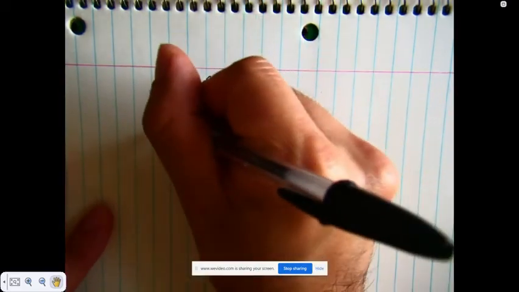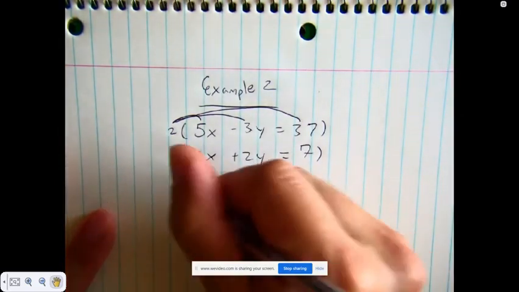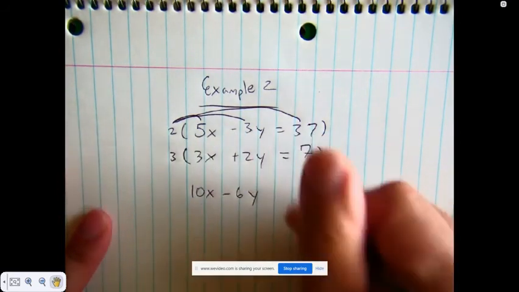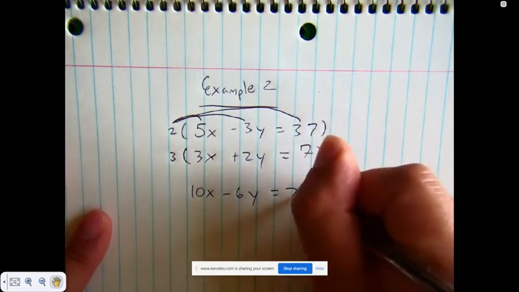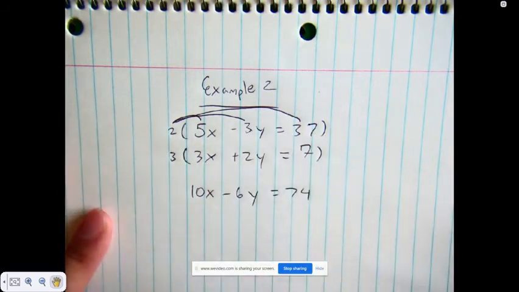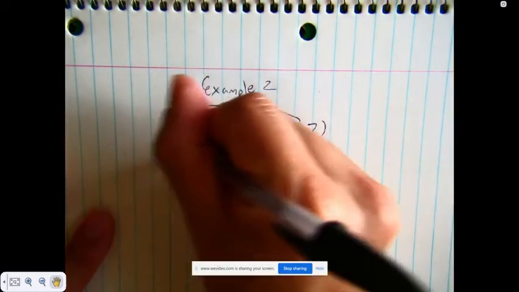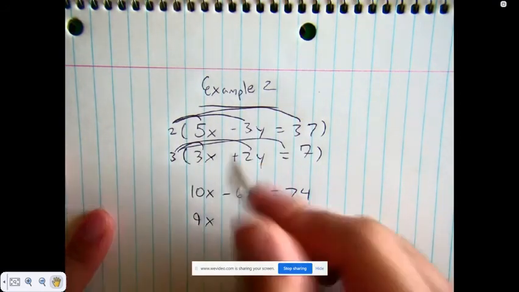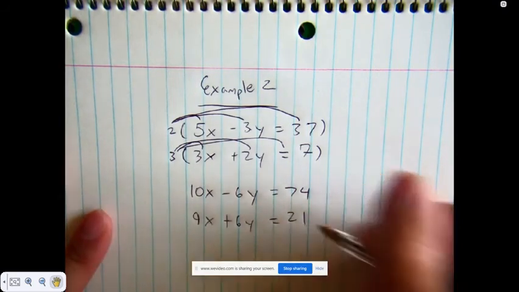So let's go ahead and transform the top equation first by multiplying everything by 2. So on the top, we're going to get 10x minus 6y is equal to 74. On the bottom, we'll have 9x plus 6y is equal to 21.